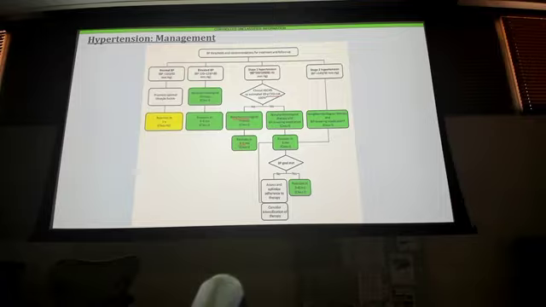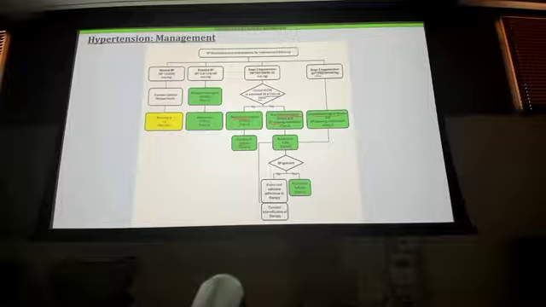If they have an ASCVD greater than 10, then non-pharmacologic therapy and a blood pressure lowering medication, reassess in 1 month. Okay. But if they have stage 2, meaning that their blood pressure is greater than or equal to 140 over 90, then they want you to immediately start them on lifestyle changes, but they also want you to start the patient on pharmacologic therapy, reassess in 1 month, and see if it's effective.